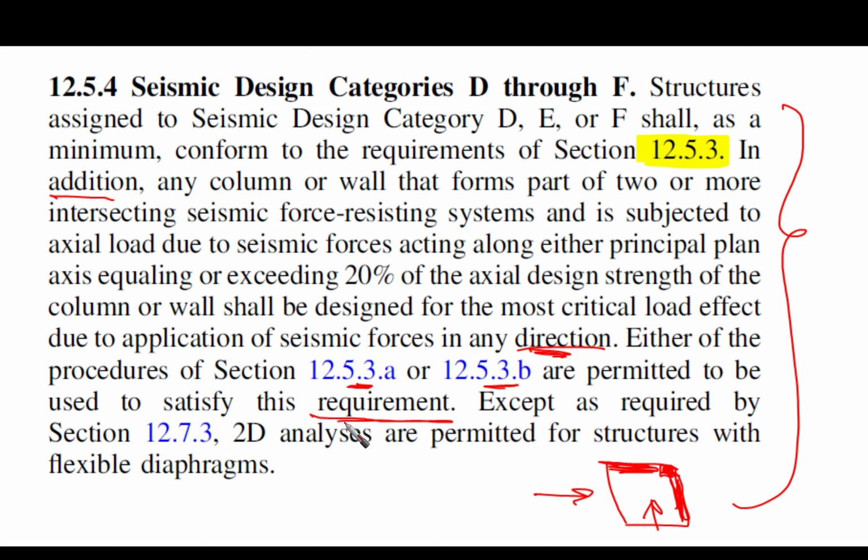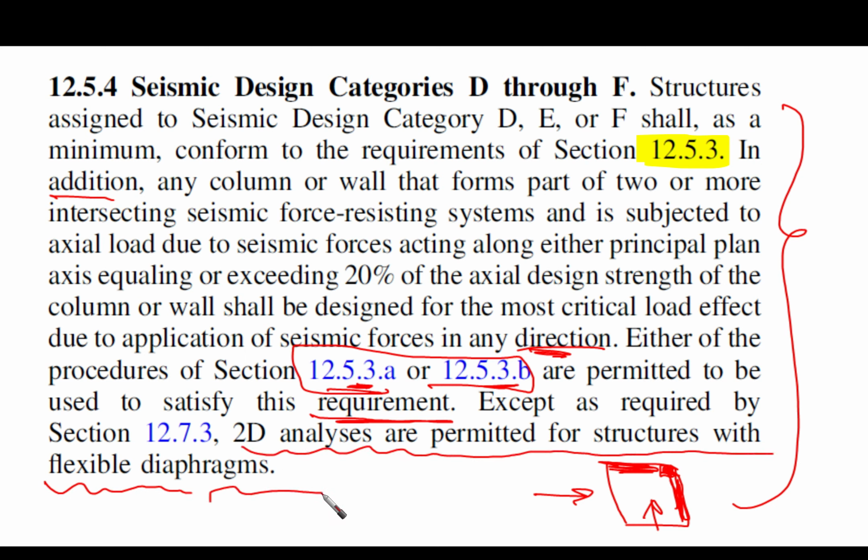This means that you are allowed to use the previous slide sections, which are perpendicular, together, simultaneously or independently, and adding them up, except as required by section 12.7. 2D analyses are permitted for structures with flexible diaphragms, and this is understandable because flexible diaphragms are not going to be rigid and they're not going to connect together.